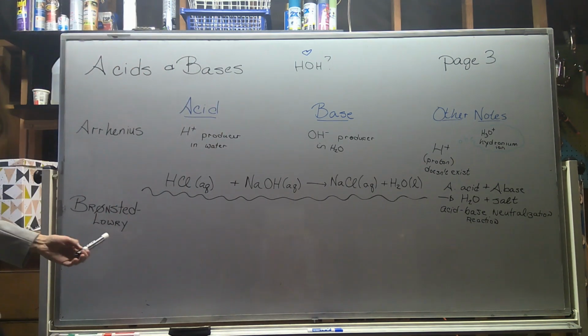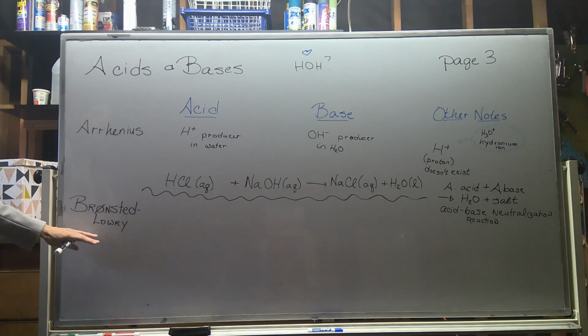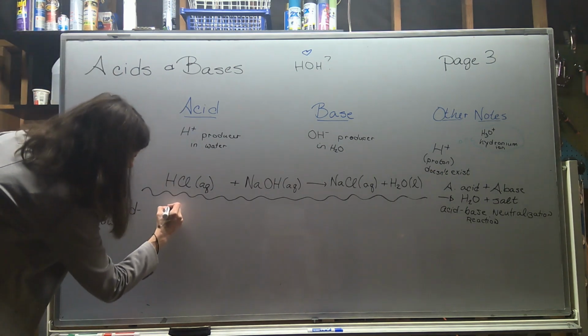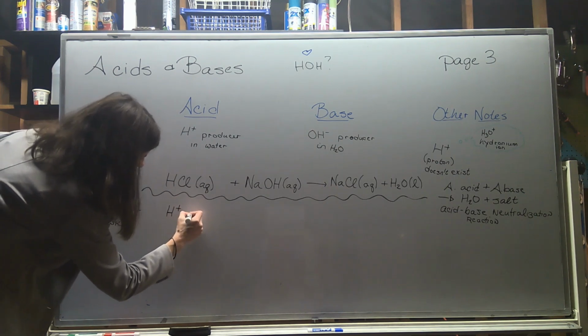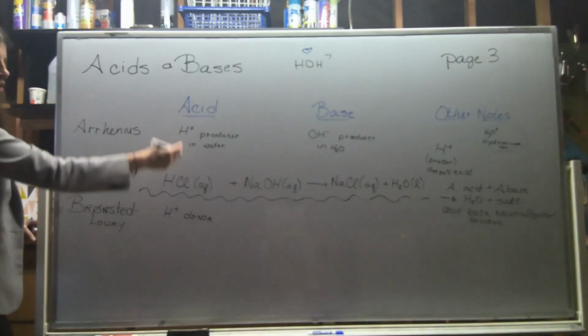Alrighty, so let's talk about the Bronsted-Lowry theory of acids and bases. It's slightly more complex than the Arrhenius one, but it's not too bad. So Bronsted-Lowry said that acids are H plus donors. That kind of falls in line with this.